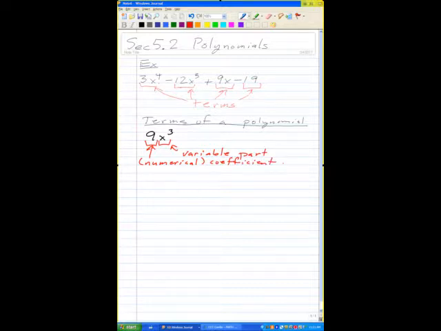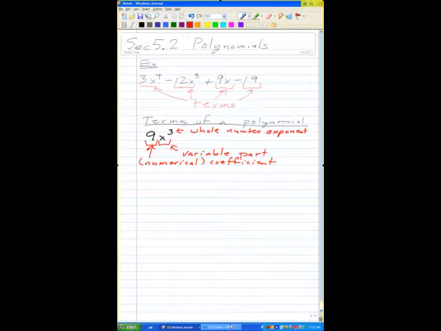We usually just say the term coefficient. And the variable part consists of a variable to some whole number exponent. Okay?